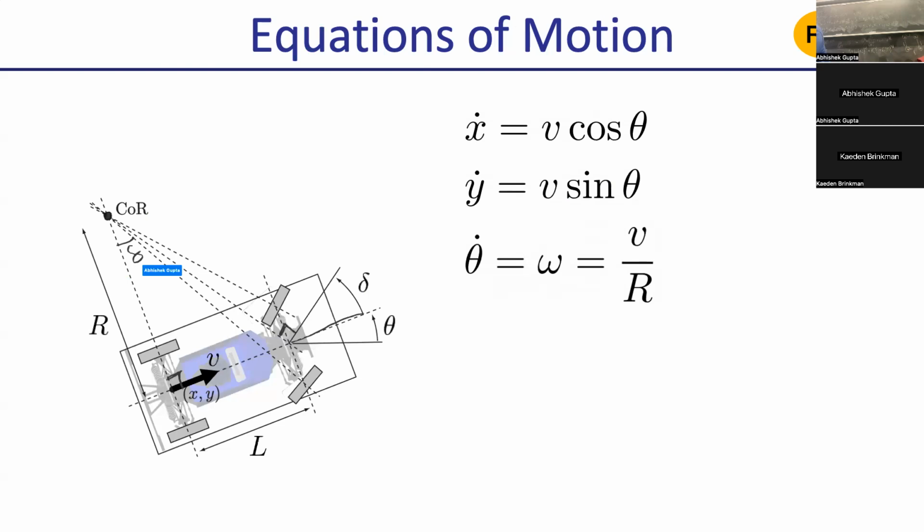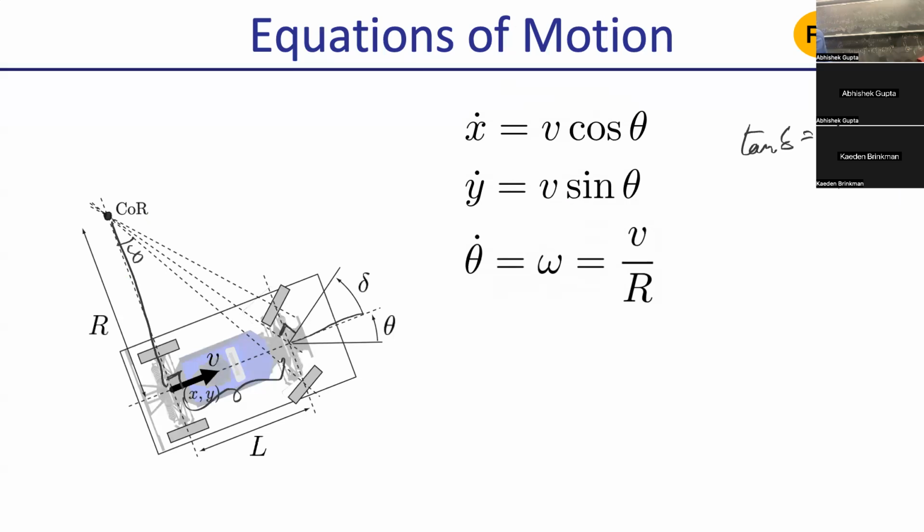Which means that tangent delta is going to be equal to this distance, L, which is the body length of the car, divided by the radius of the instantaneous center of rotation. How far the instantaneous center of rotation is from the vehicle. Because basically think about the car moving in a circle, right? And you can say that R is the radius of that circle, right? And so we're going to say tangent delta is equal to L over R. Right? That's the first thing that you have.